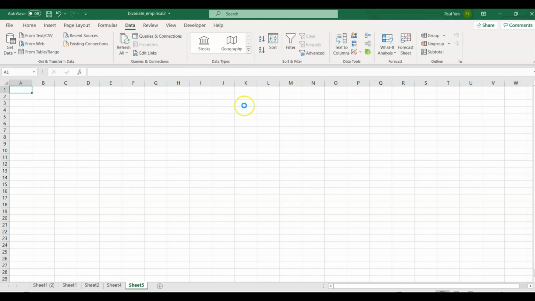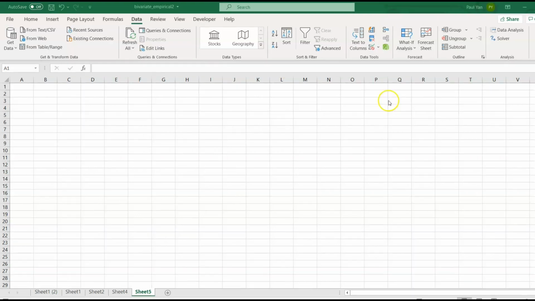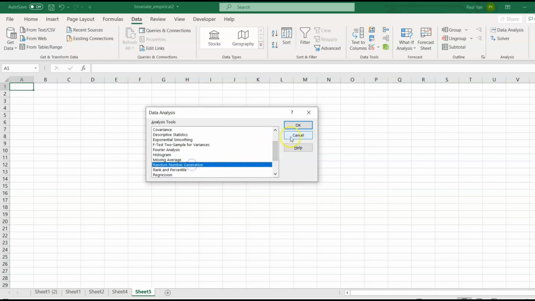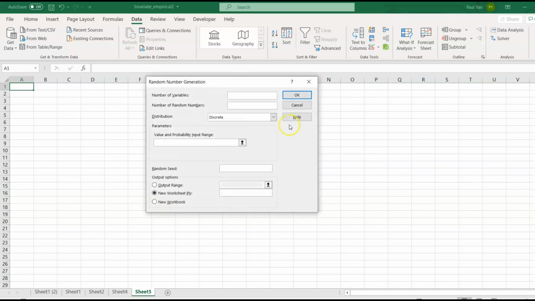So on the top right, after we click Data, we will see the data analysis. This is another way to generate random numbers. The beauty of this method is we can generate the same random numbers if we choose the same random seed.